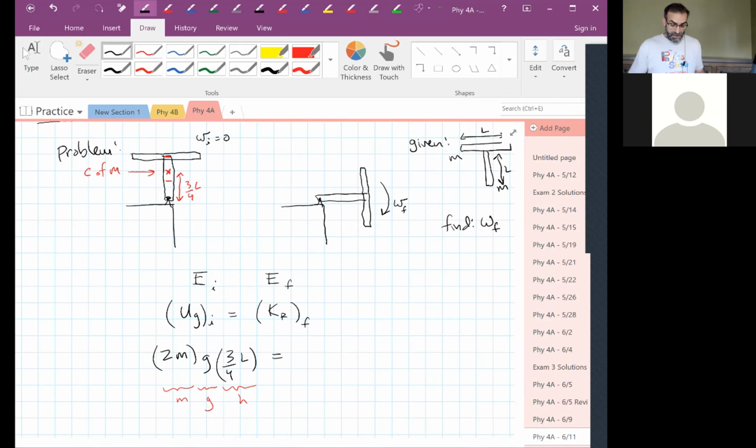G is G. The height is 3/4 L. That's our gravitational potential energy. And at the end, we have 1/2 I omega squared.